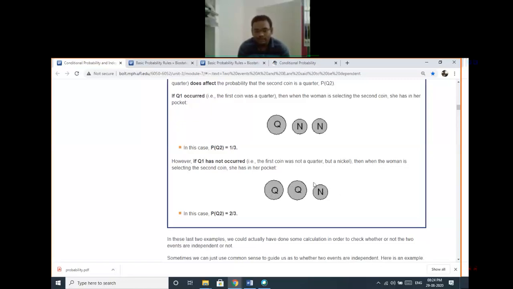The number of quarters is not reduced, it remains the same, but the number of nickels is reduced by 1. So the probability will be 2 upon 3, because there are two quarters available in the pocket and the total size is 3.